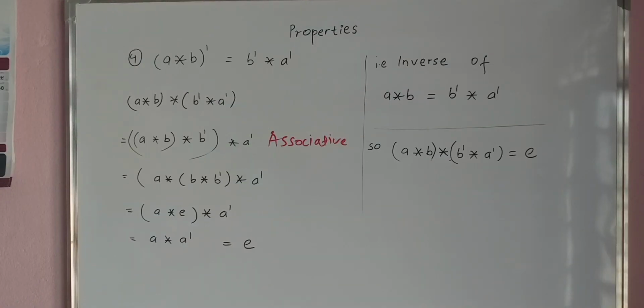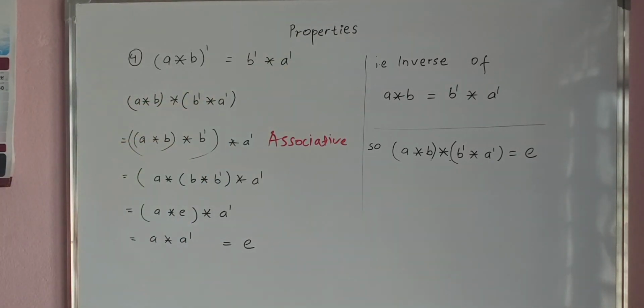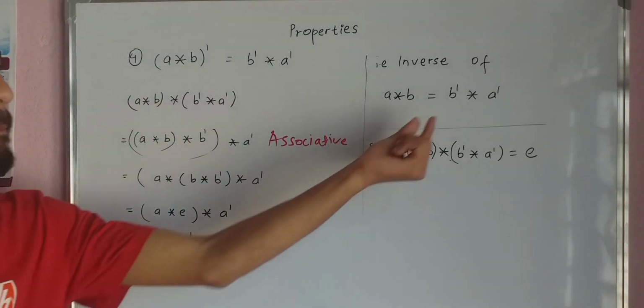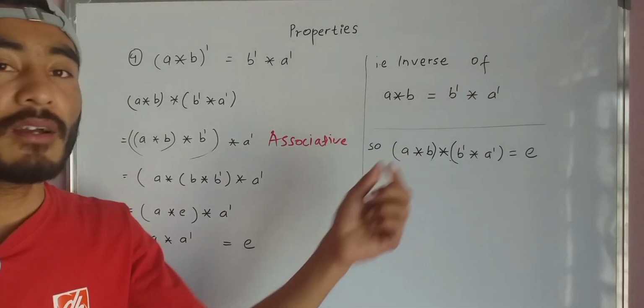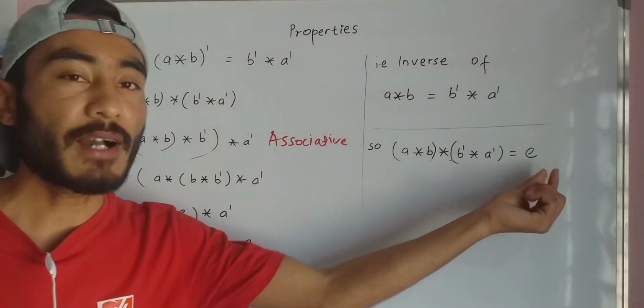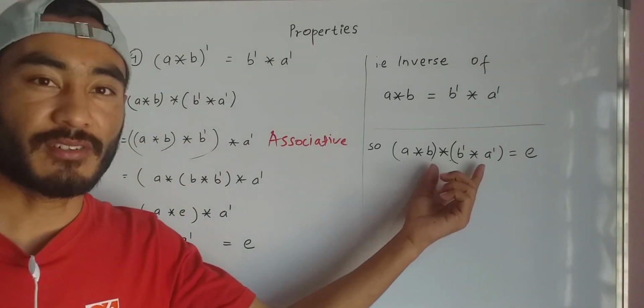The next property is (ab) inverse equals b inverse a inverse. That is, the inverse element of ab is b inverse a inverse. By definition of inverse element, we must have ab asterisk the inverse element of ab equals the identity element. We prove this property by proving this definition.